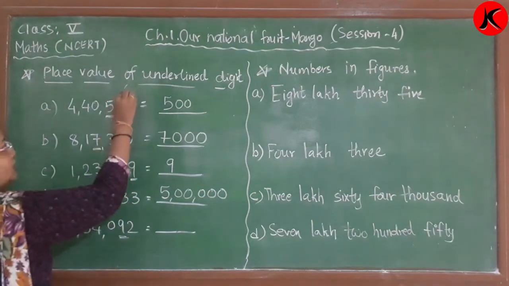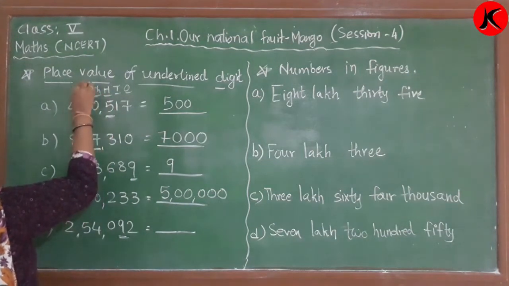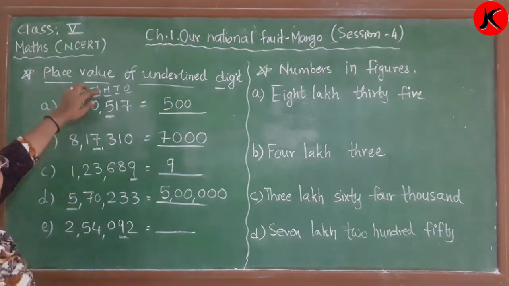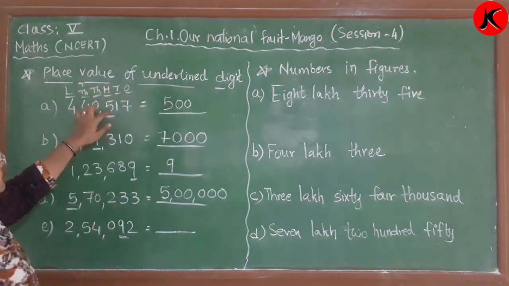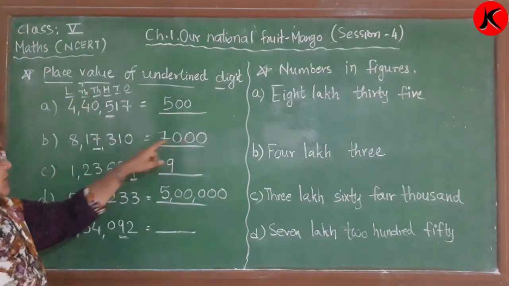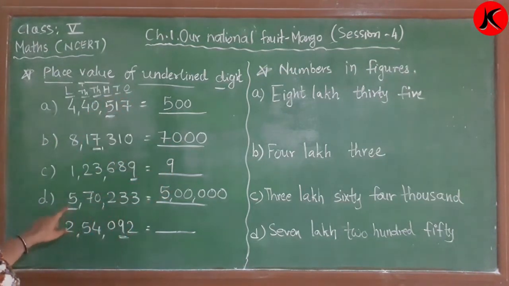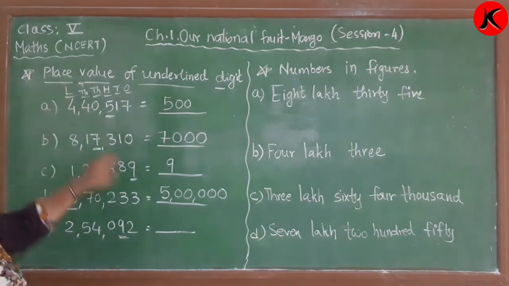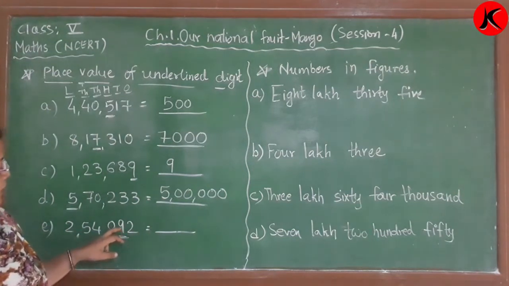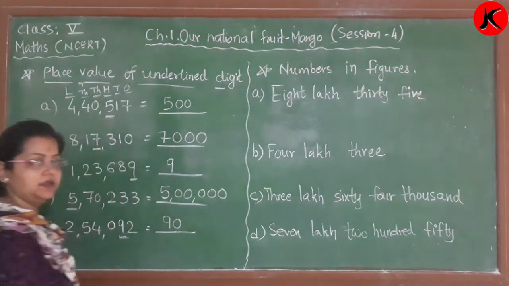So whichever number we have to find, see. 5 is on hundreds place, so 500. 7 is on thousands place, so 7,000. 9 is on ones place, so the same value 9. 5 is on lakhs place, so 5 lakh is the value of this 5. And here 9 again, on which place? Tens place. So the value of 9 is 90.